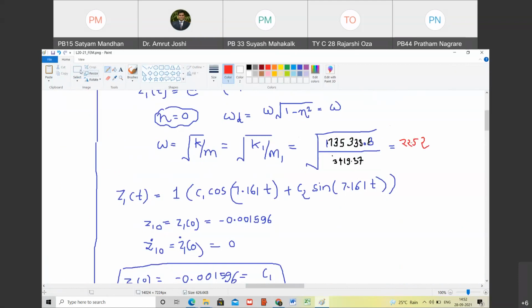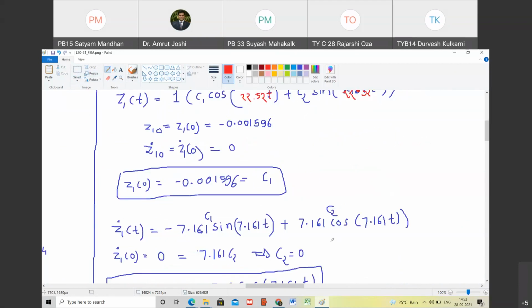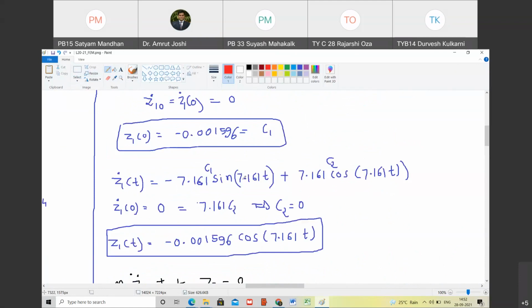So therefore ये 7.161 will be replaced by 22.52 times t. This is also 22.52 times t. So replace everywhere 22.52. This is also 22.52. So at end this is 22.52.